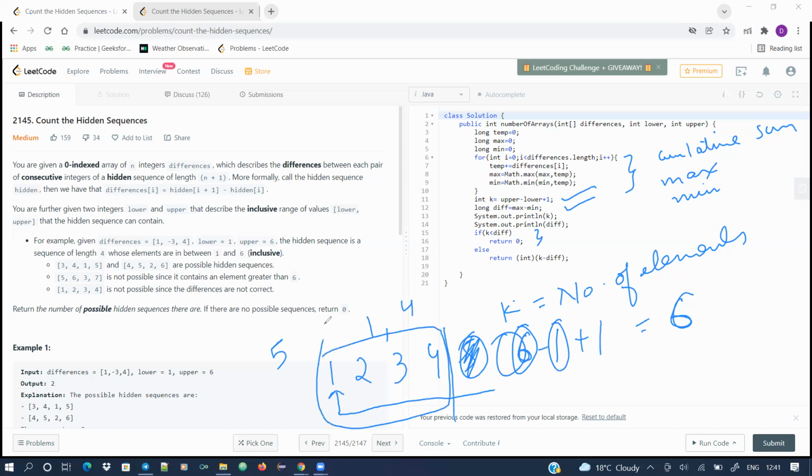So there will be no such possible sequence which will fall in the range. Therefore we'll return 0. Else we will return the formula which we had derived, number of elements minus difference, that is k minus difference.